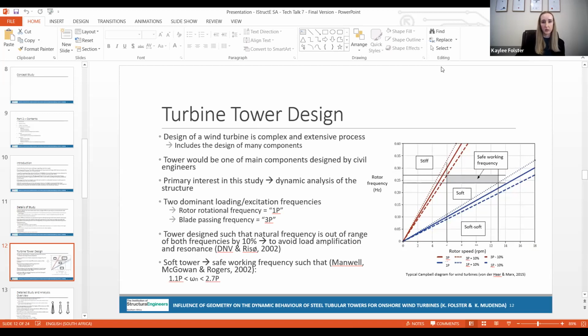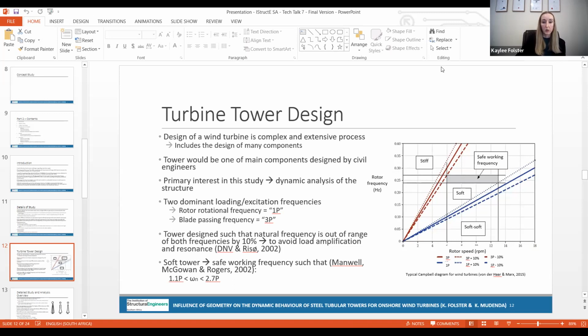The fundamental theory is that you want to keep those two frequencies apart from each other, your natural frequency and your loading frequency. If they are too close together or coincide, that is when we get resonance or load amplification, which for us as structural engineers is essentially what we want to avoid altogether.